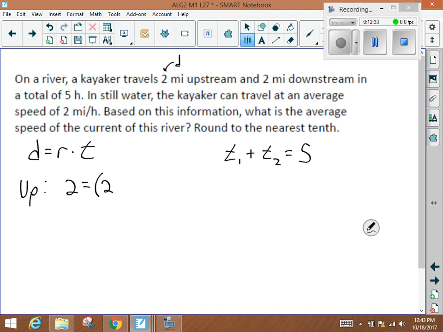But that's going to be subtracted by the rate of the current that I'm going to call C. And that's going to be times time, and that's going to be time 1, which we said was our time upstream, right? So check it out. It takes 2 hours at this rate where we're going against the current, and we have this time, right? So that's our time upstream.